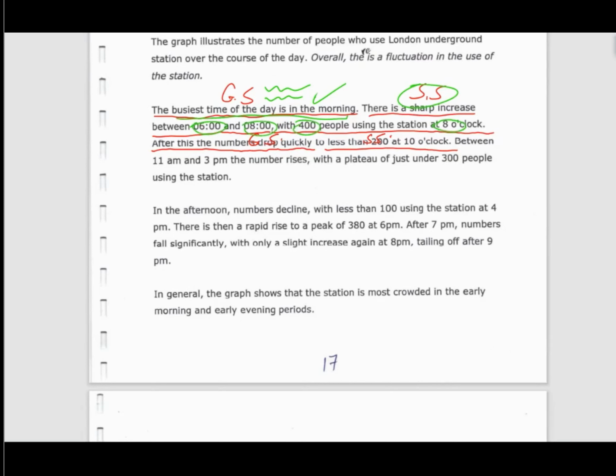Look at these two sentences again. You got what I mean?